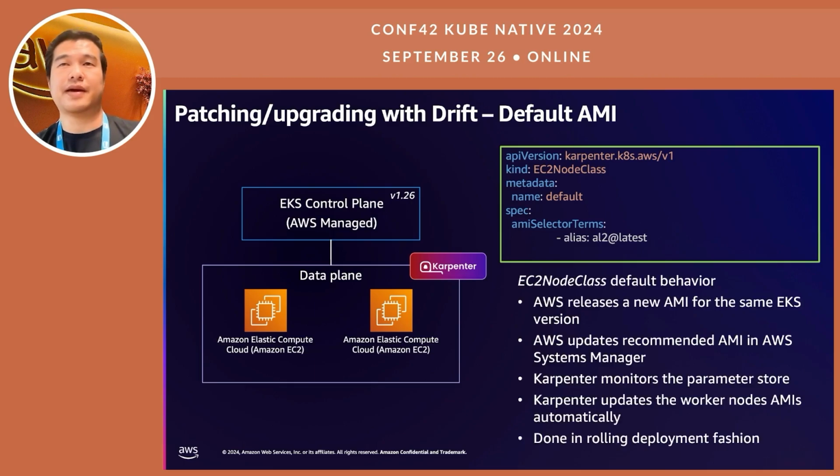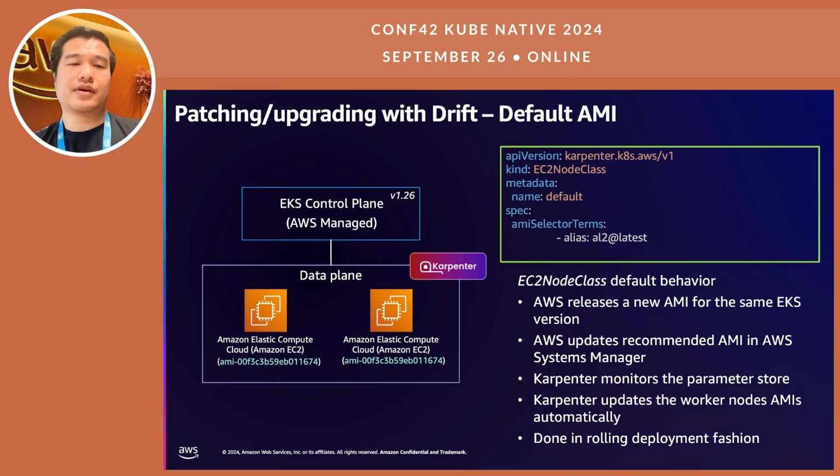Under the spec, we specify that we would like to use the latest image that comes out. So it means that if AWS updates the EKS optimized AMI for the new version, Karpenter will try to upgrade every workload under Karpenter to the new one, and also try to drain the pods for us. So this can be done automatically, and it will force it every time that we have a new AMI that you are using. So when the new version comes, it will be automatically upgraded.